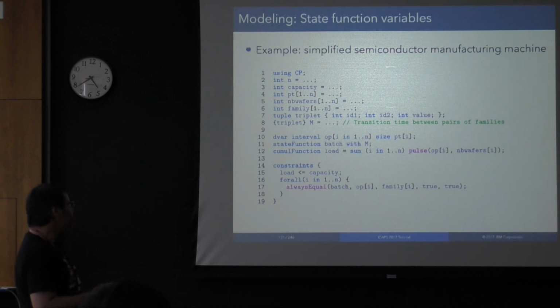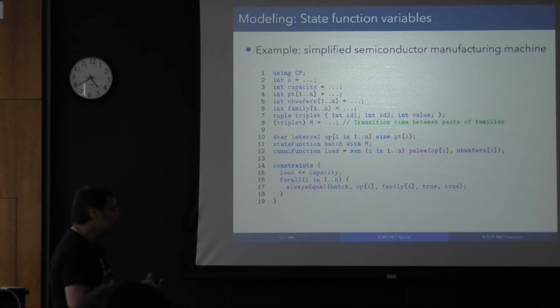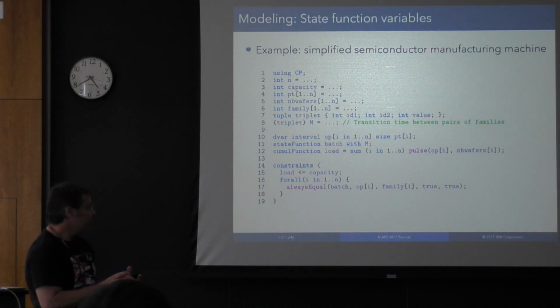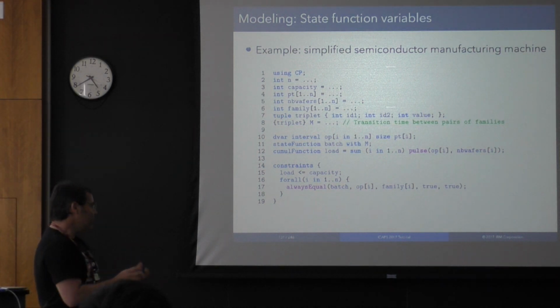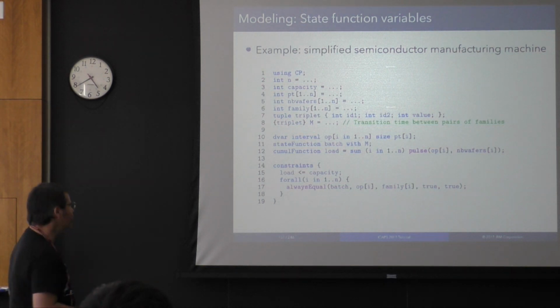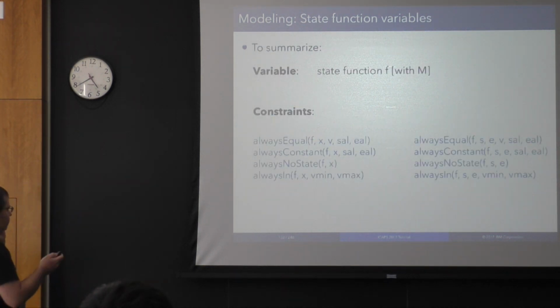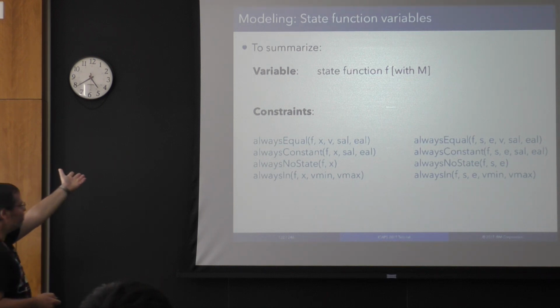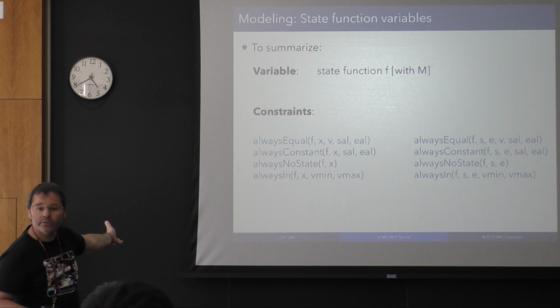So two activities that overlap on this state function must belong to the same family and will start and end at the same time. Okay. So again, if we summarize on state function, we have this notion of state function variable and a set of constraints on state function.